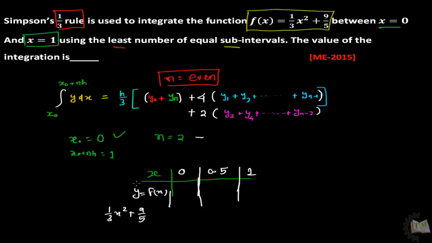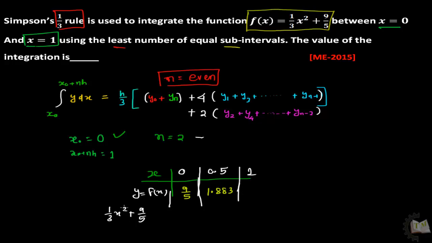Now put the value of x to get the value of y. When you put x equal to 0, you will get 9/5. When you put 0.5 in place of x, you will get 1.883. Always write 3 digits after the decimal because it is numerical integration, so you can get the approximate value.